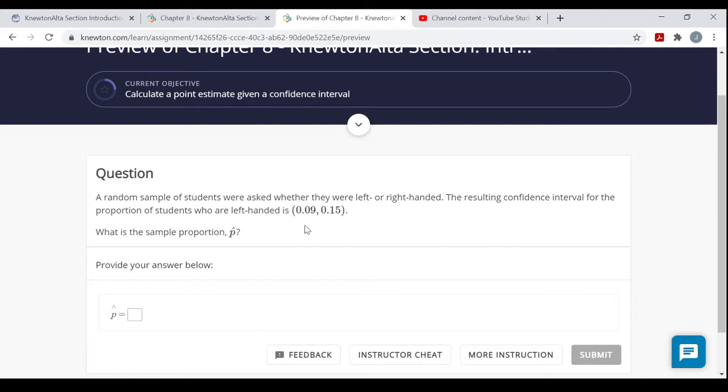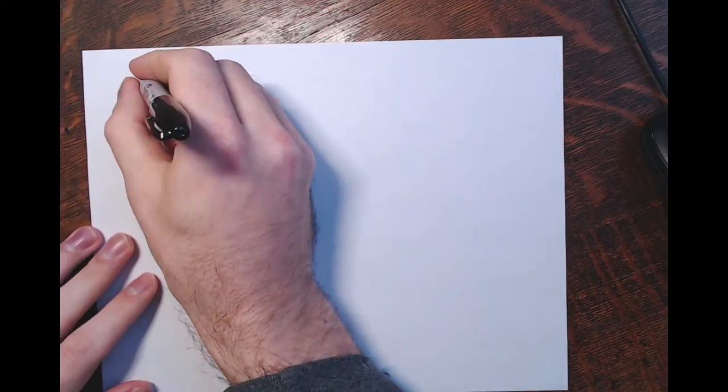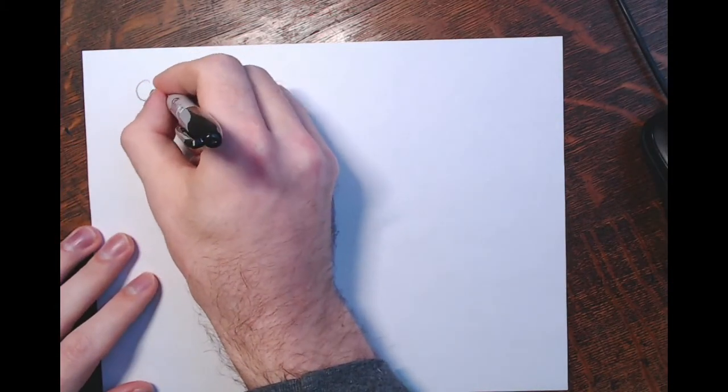So in order to figure out the point estimate, or the sample proportion, or the sample mean, x bar, if it's about a mean, you just have to remember how a confidence interval is formed. So I'll refresh your memory as to how that is done. Again, how a confidence interval estimate is formed.